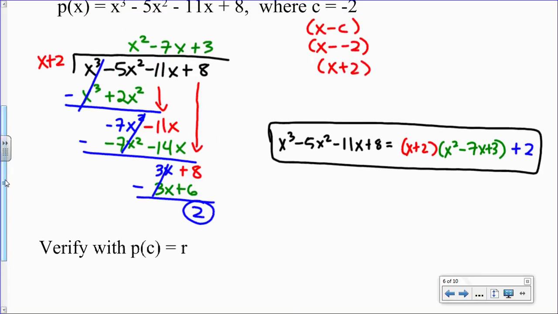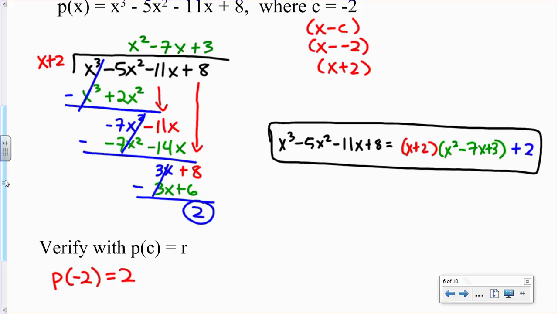What is c? It gives it to me at the beginning. What is c? Negative 2. Okay, so when I plug in negative 2, I'm supposed to get r. What was my r? 2. So I want to show that that's true.